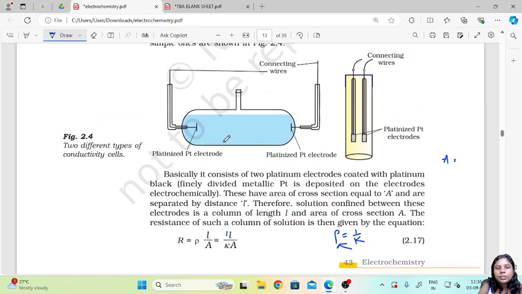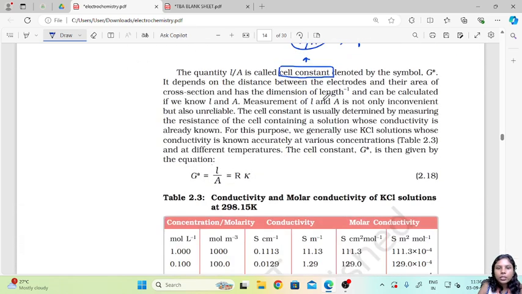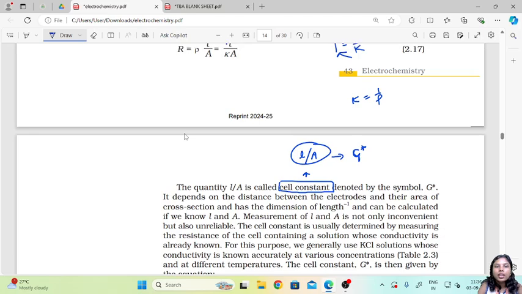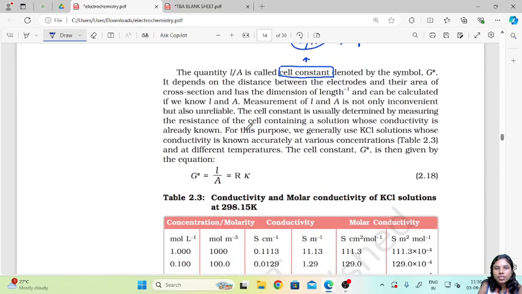So this makes it a very unreliable method of measurement. Therefore the cell constant is usually determined by measuring the resistance of the cell containing a solution whose conductivity is already known.